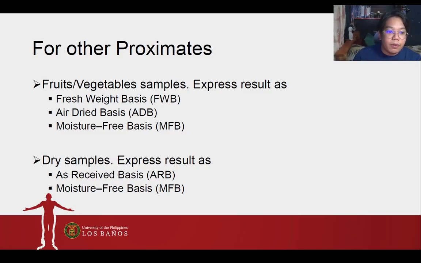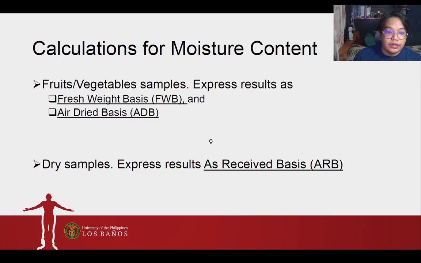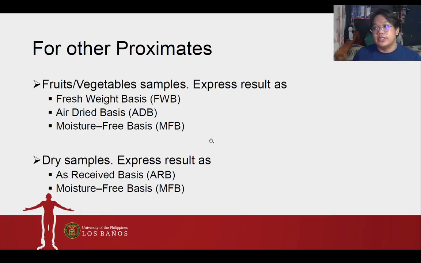So, for other proximates, so ito ay moisture lang, no? So, for other proximates, for example, nag-conduct na tayo ng crude protein. So, meron tayong crude protein. So, dapat meron kayong value ng crude protein na FWB, meron kang percent crude protein na air-dried basis, and meron ka ding percent ng crude protein na moisture-free basis if your sample is fruits or vegetables.